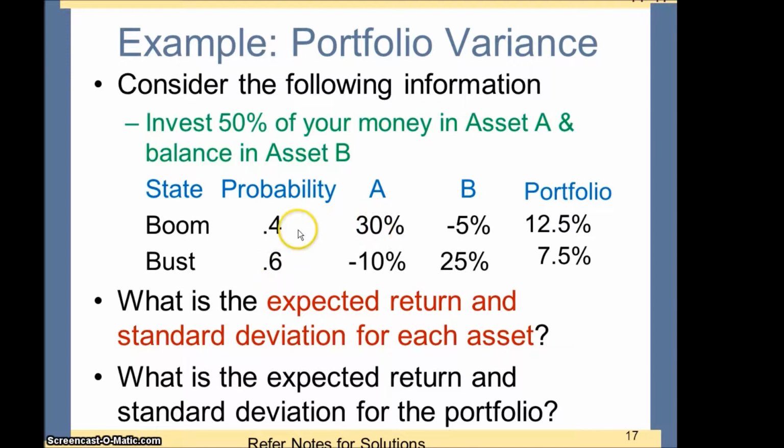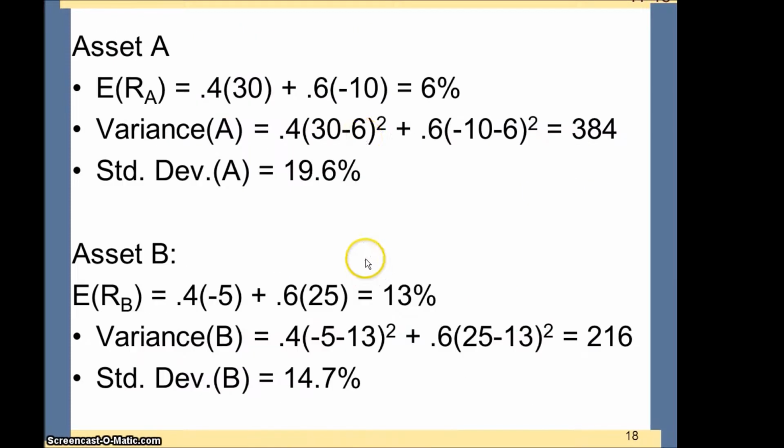So now we get the expected return for stock A. You use 0.4 times 30% plus 0.6 times negative 10%. That's how you get the individual stock return of stock A, right? Probability times individual return plus probability times individual return, so you get 6%.